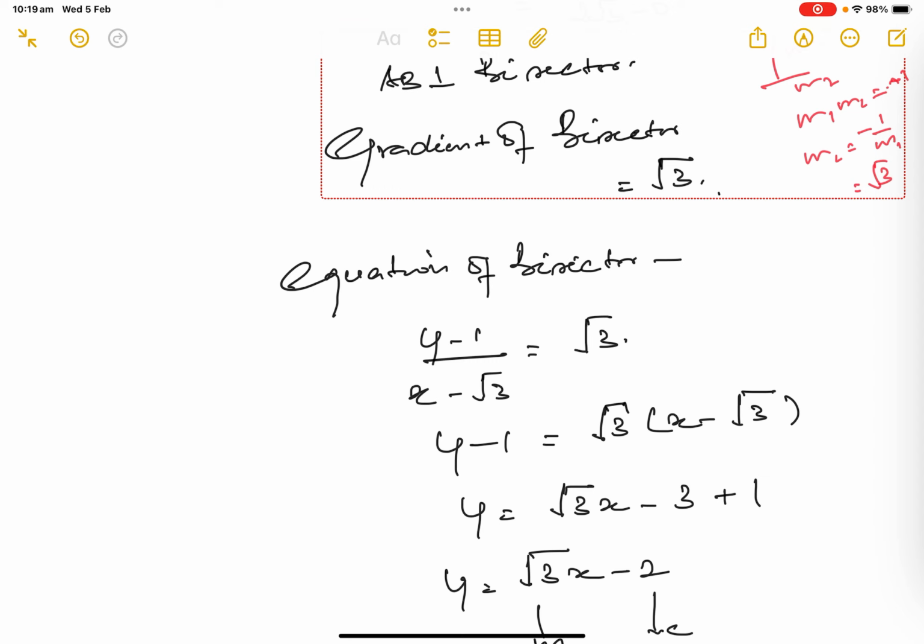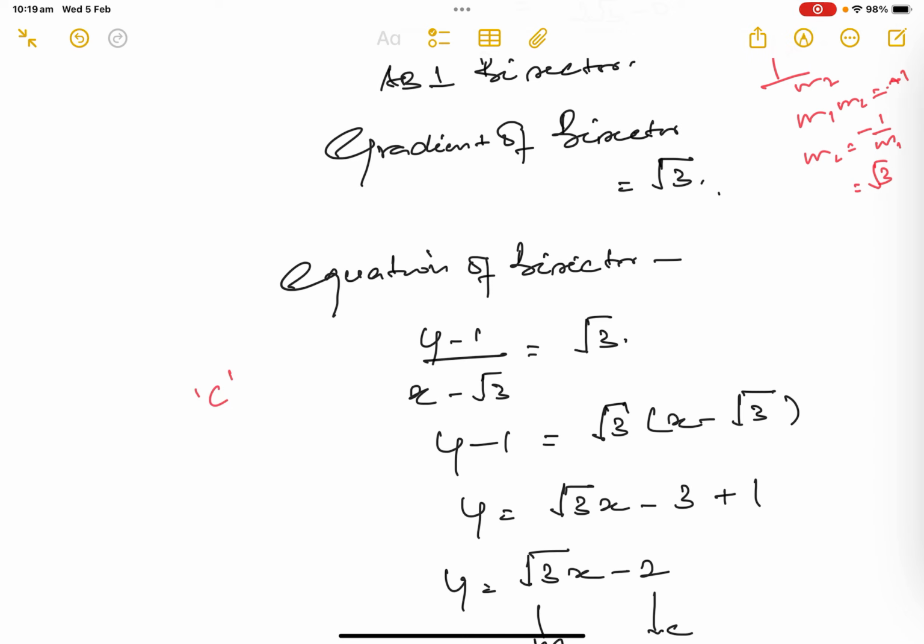The equation of the bisector: again, using the point C, y minus 1 over x minus root 3 is equal to root 3, because y minus the y coordinate of C, over x minus the x coordinate of C, equals the gradient.